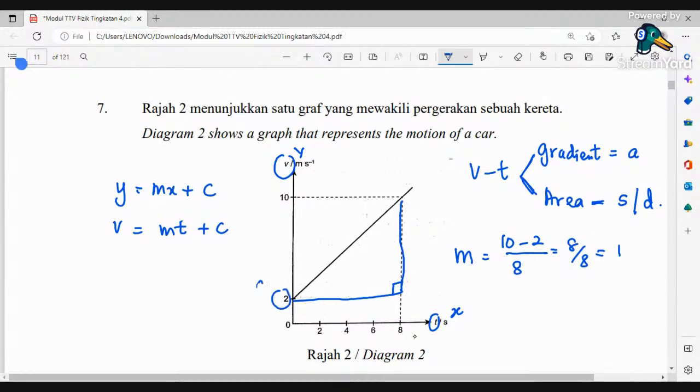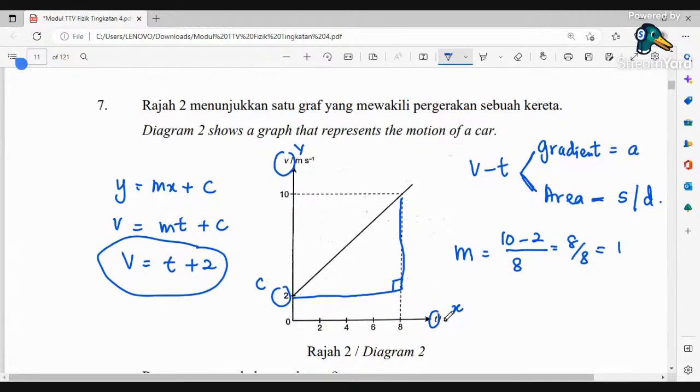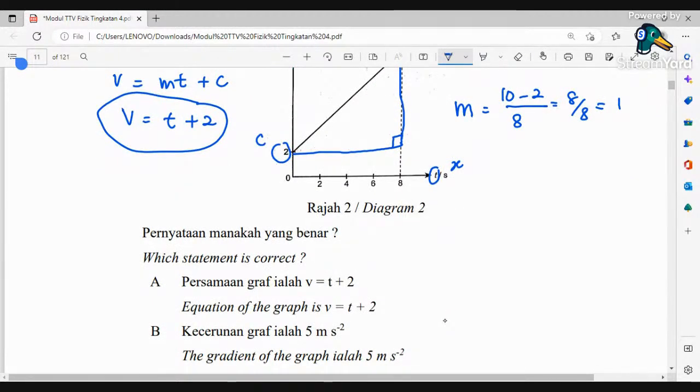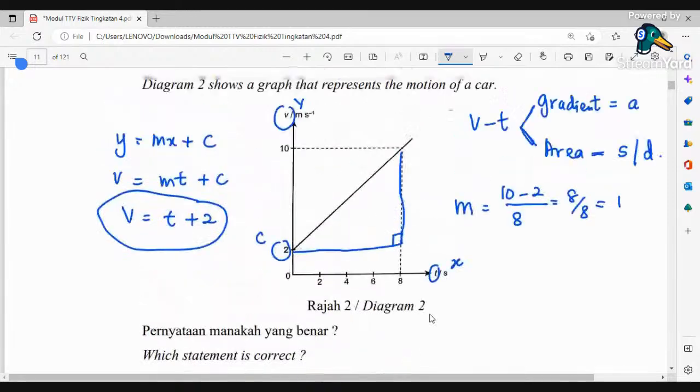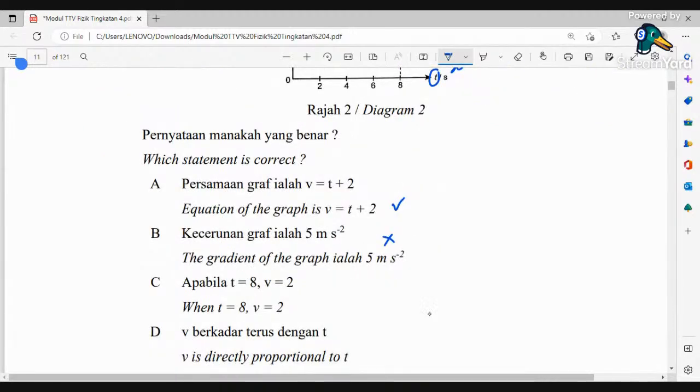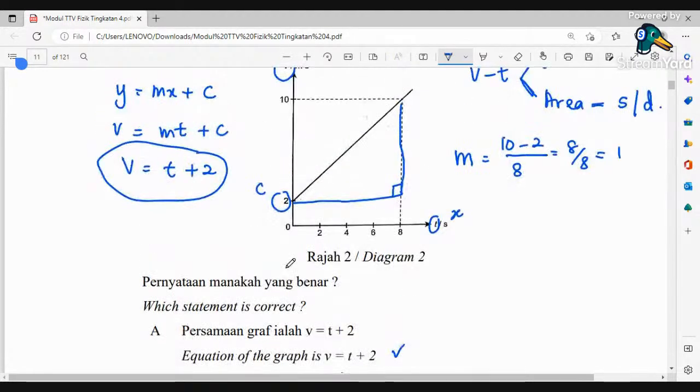So this is c, which is 2. So v equals 1 times t plus 2. Okay, check. So equation 1, v equals t plus 2, is correct already. Gradient 1, of course this one is wrong. T is 8, v is 10, not v is 2. So this one is also wrong. V directly proportional is wrong because the line does not pass through the origin. So the answer is D.